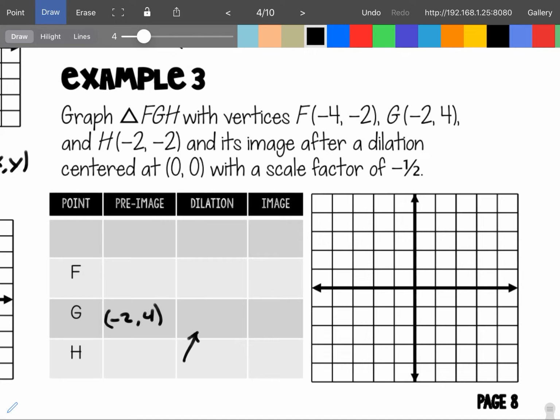Well, then the dilation of that by a scale factor of negative 1/2 centered at 0, 0, you're just going to do negative 2 times negative 1/2, and then 4 times negative 1/2.